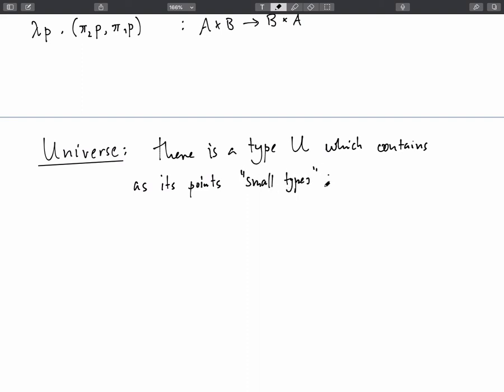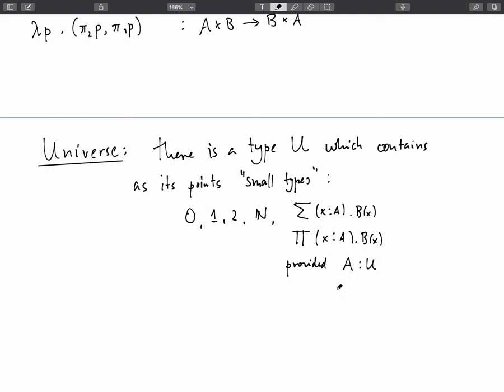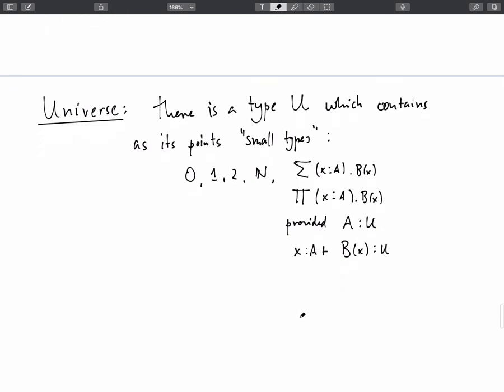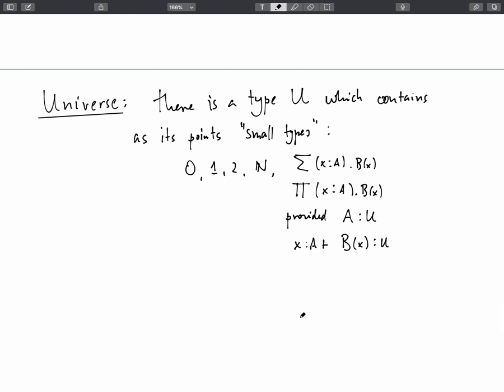By that I mean 0, 1, 2, natural numbers, and then the sum and the pi of small types, provided A is already in U and B of x is in U for every x in A. So there's a type which you get by closing up.